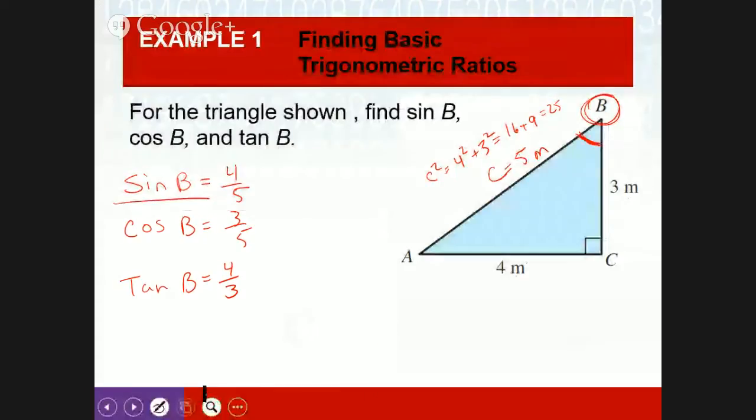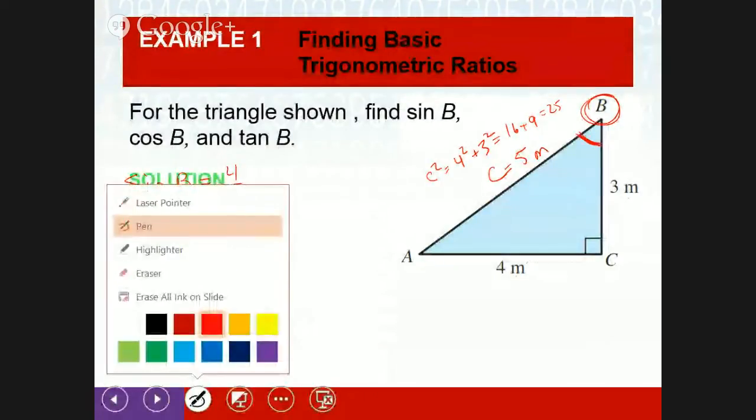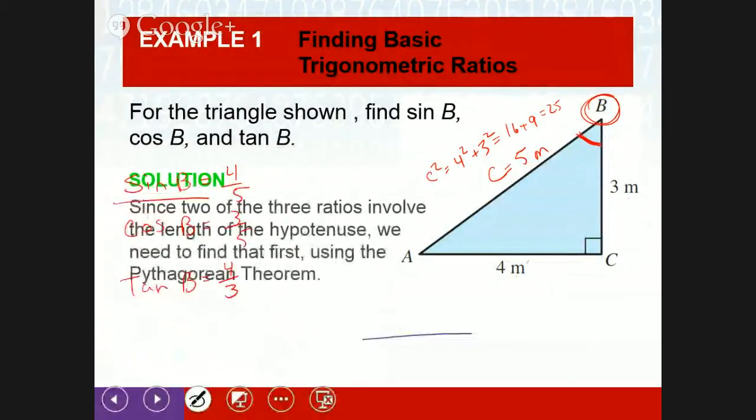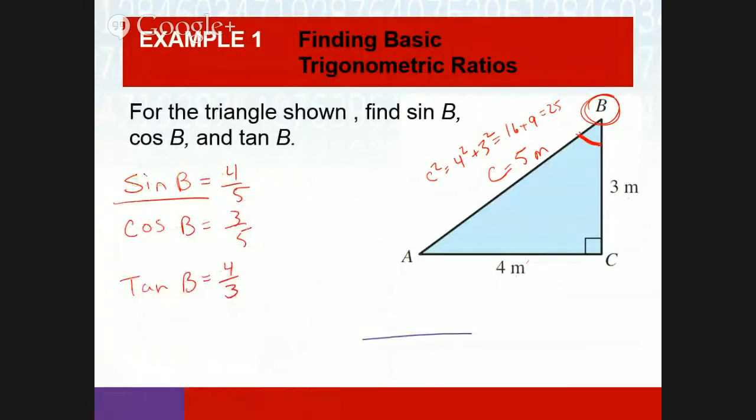So just for fun, what is sine of A? I'm looking at this angle A. You see how I look at the angle A? I know sine is opposite over hypotenuse.